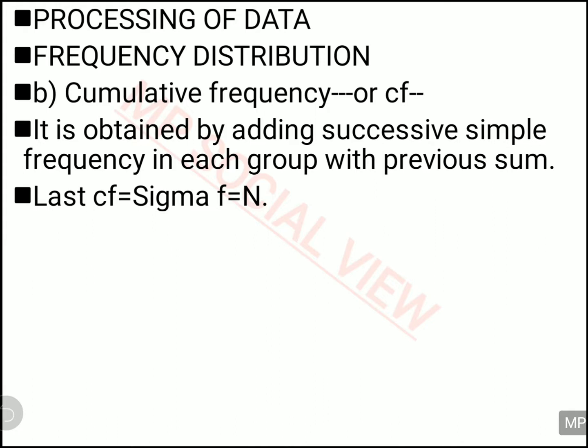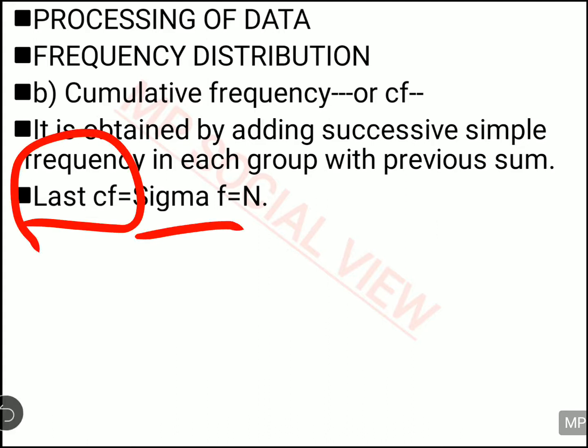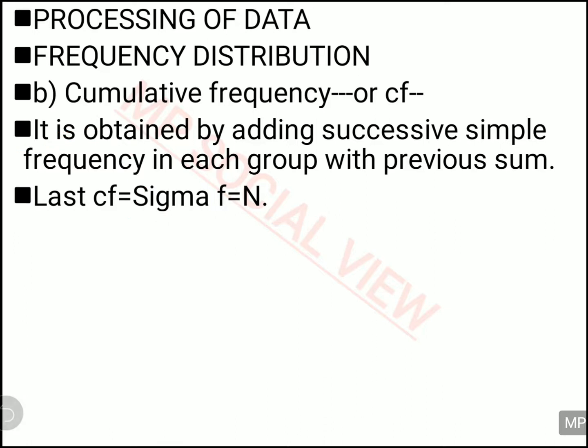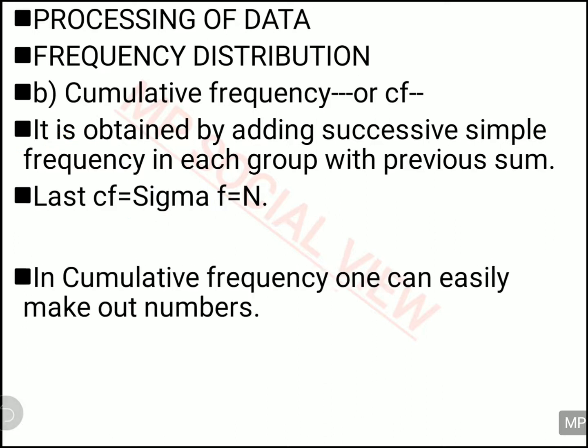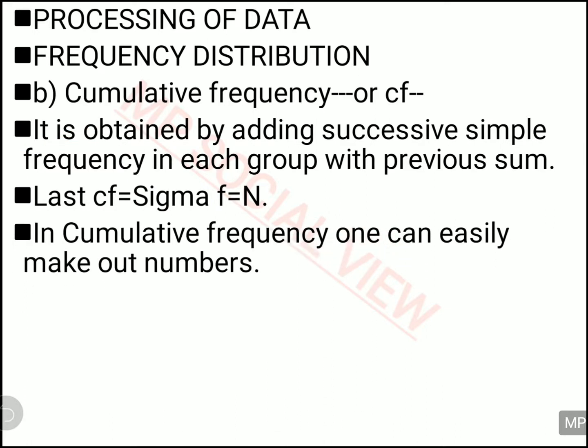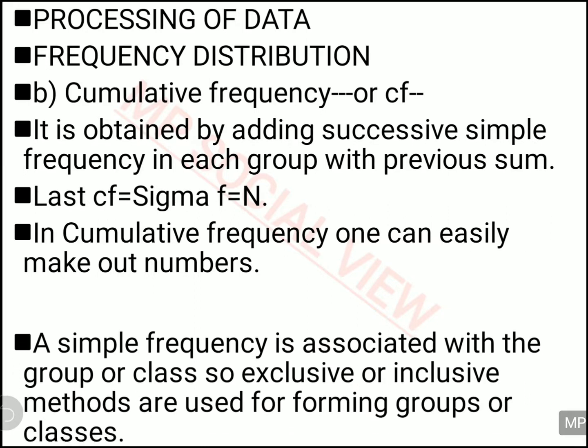And when you get the cumulative frequency, the last cumulative frequency will be the same as sigma F, or equal to N. What does this mean? I will explain you with an example. And this cumulative frequency is very helpful in making out how many numbers are there.